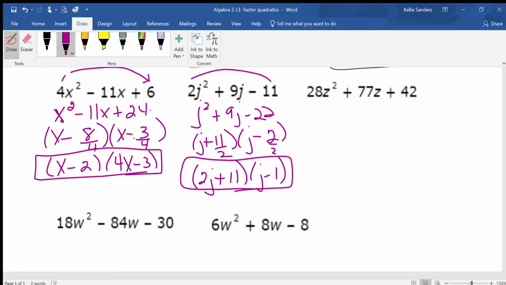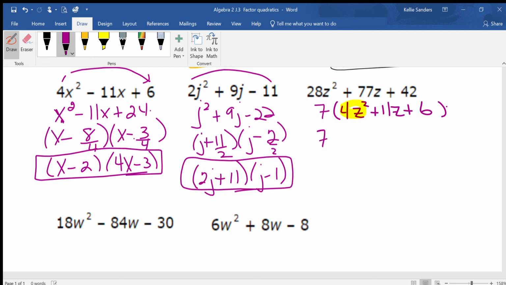Wow, 28, 77, and 42. Time to get your fact sheet out, right? If you don't know that 7 is the biggest number that will go into all 3 of those numbers. So we have to take a 7 out first. So 4z squared plus 11z plus 6. But there's a 4.